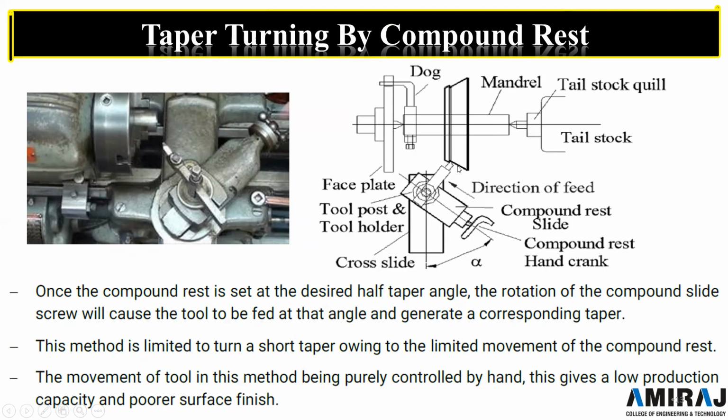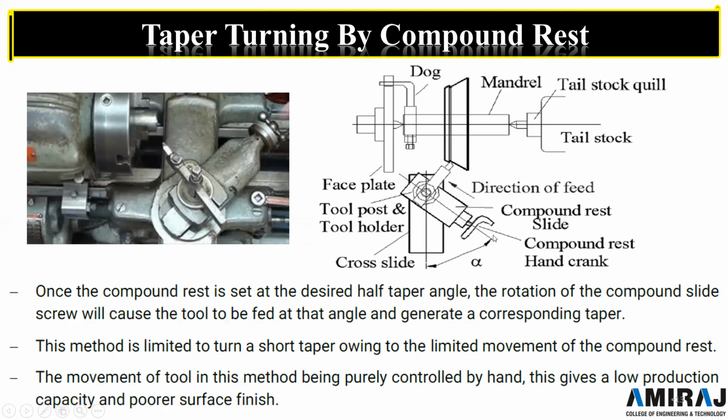The taper turning is performed over this hollow workpiece. Here is the tailstock wheel and tailstock for supporting the mandrel. This one is the face plate, this one is the tool post and tool holder, and the direction of feed is given by this compound rest hand crank.